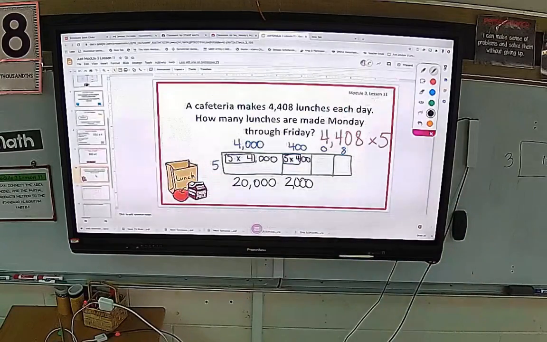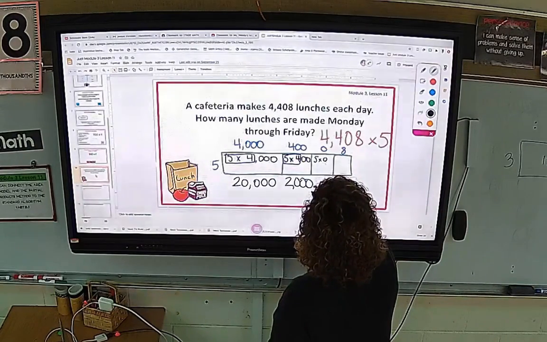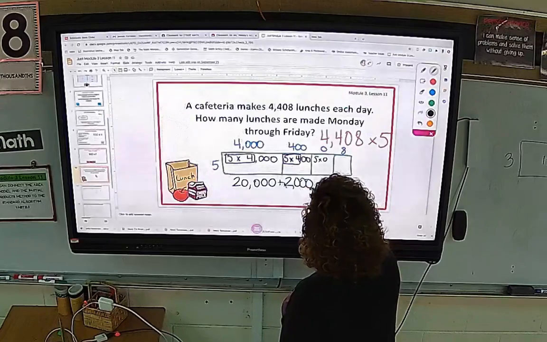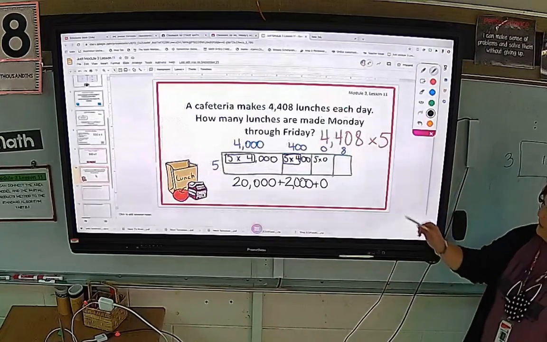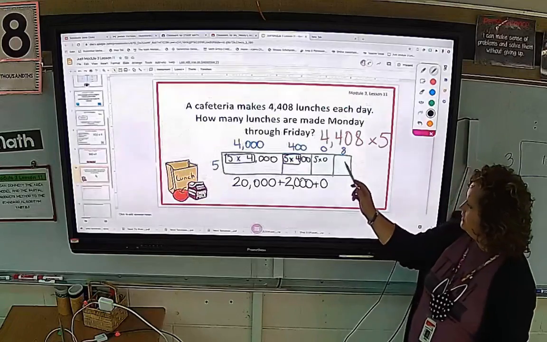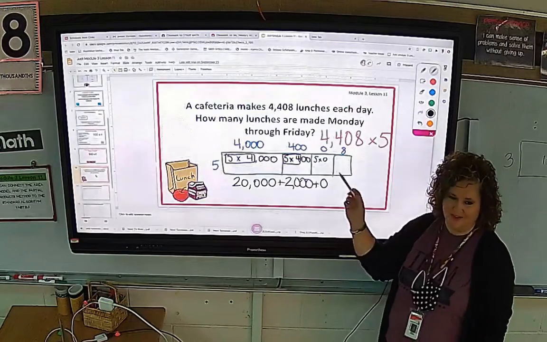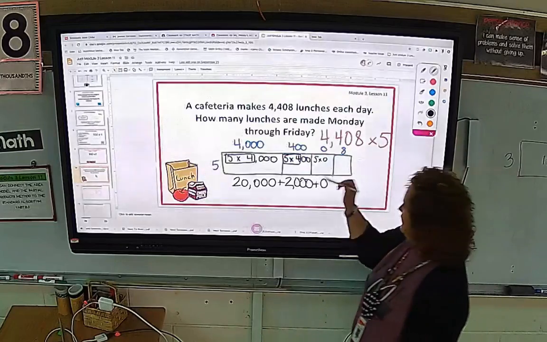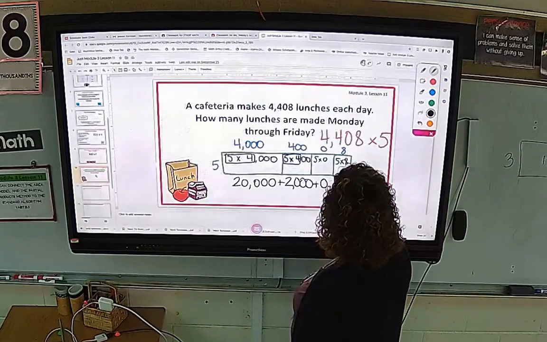All right, everybody, the hardest part of this, 5 times 0 would be 0. Okay. Alexandra, what goes here? 40. It does, but what's the multiplication problem? 8 times 5, 5 times 8, which is 40.